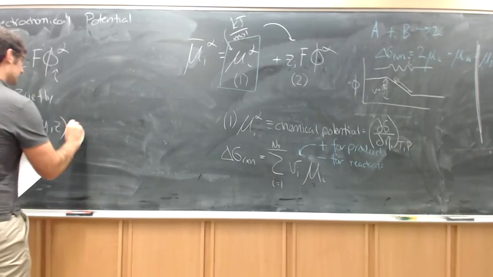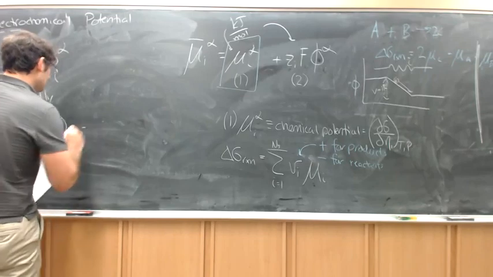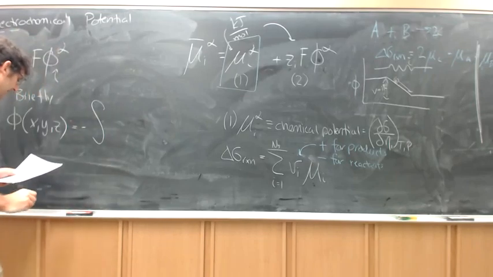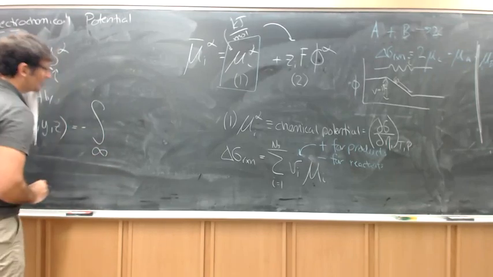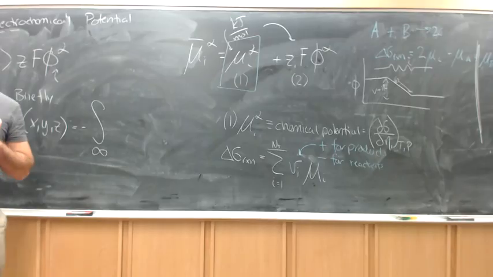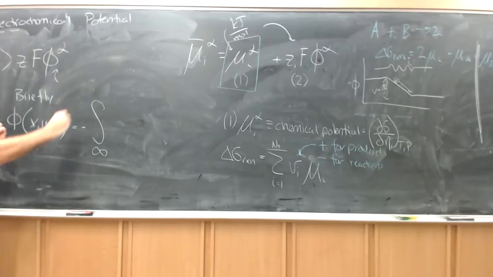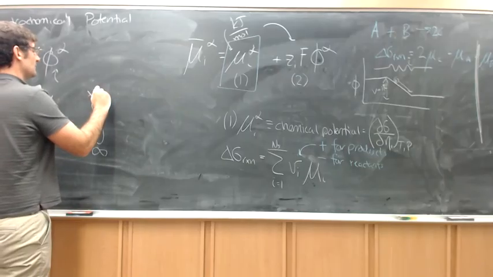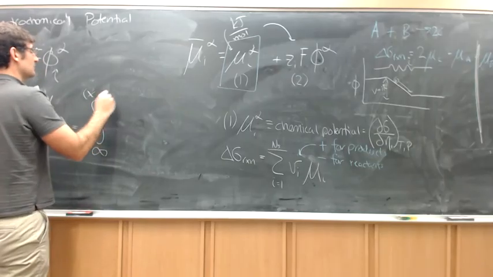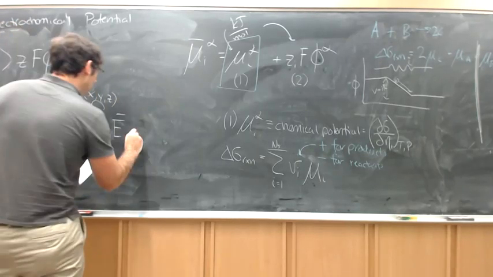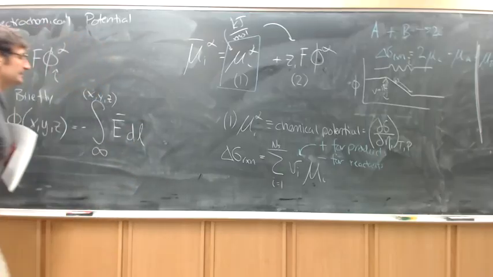And the definition is the negative of the line integral going from some place infinitely far away from where I'm interested in, to that position, x, y, z. So it's a three-dimensional integral along the path you take to get there.